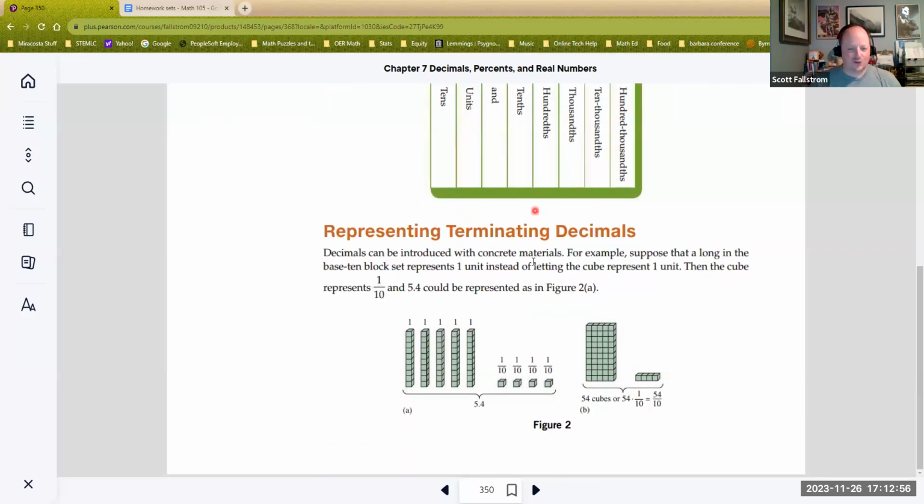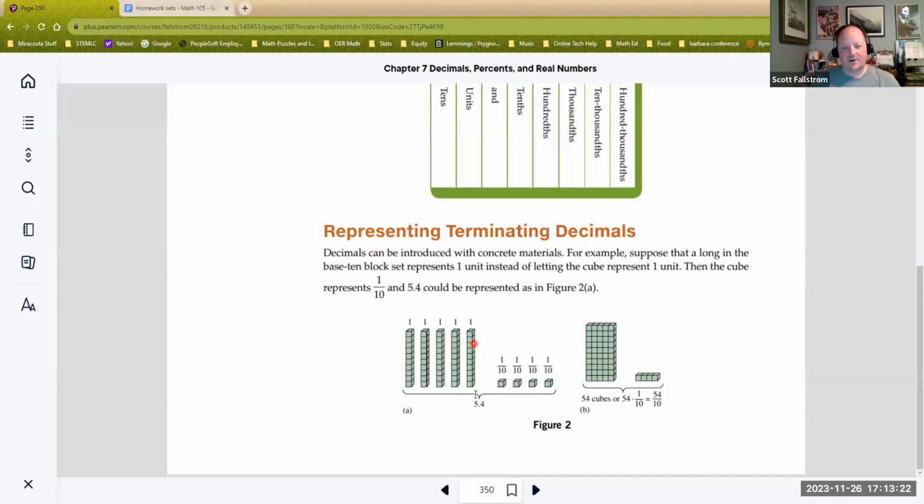Okay, representing terminal or terminating decimal places. You could do them with the poker chips again. All you would do is say, here's my whole number, and then it takes whatever your base is to get up to a whole number. So that gives you, in a sense, tenths, even though you don't have to break the chip up anymore. You could use them with the base 10 blocks, where you just change what your ones value is.